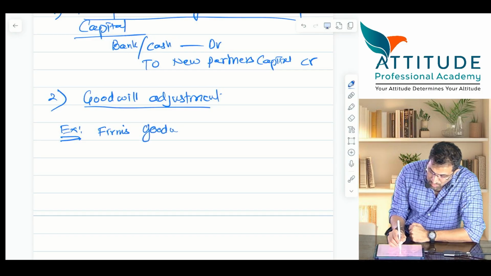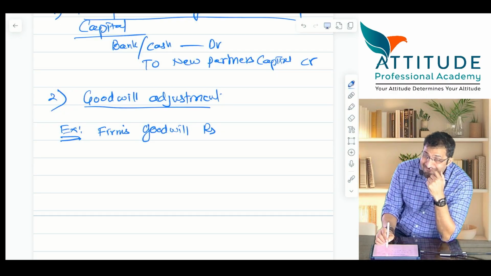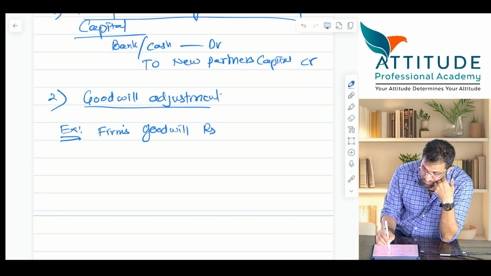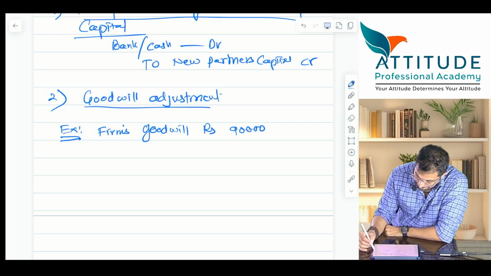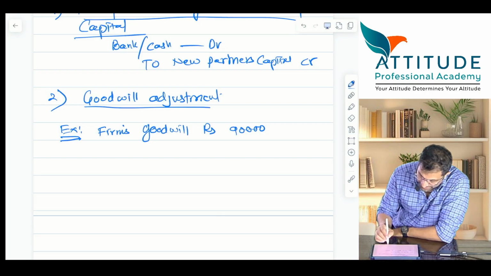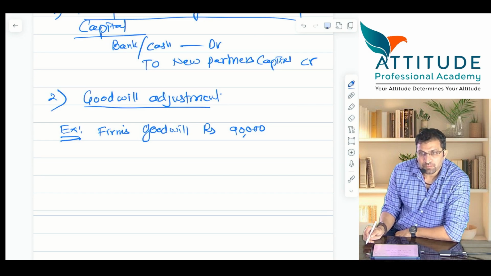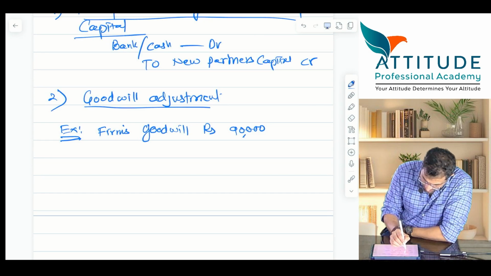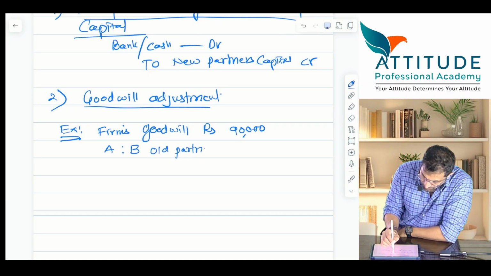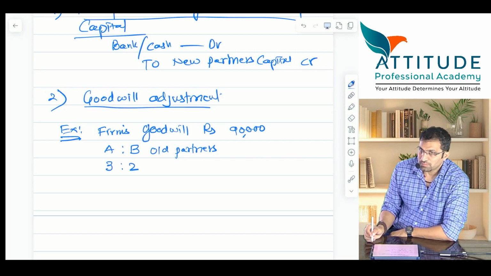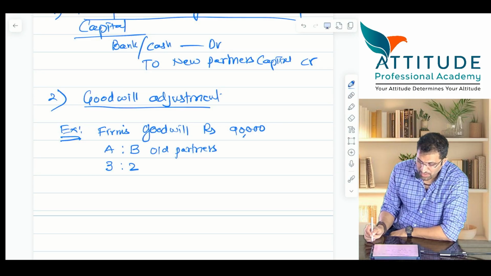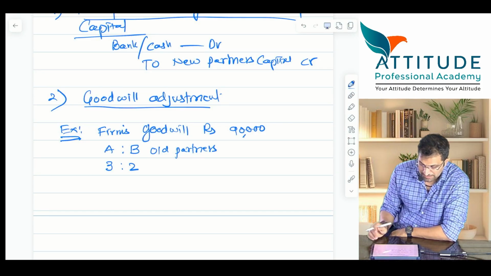Okay, let us take 90,000, no problem. Firm's goodwill is 90,000. Now, A and B are old partners, and the profit sharing ratio is 3:2.